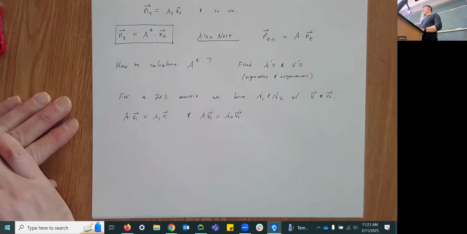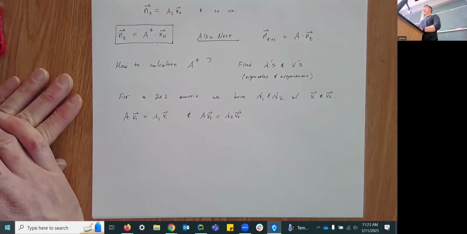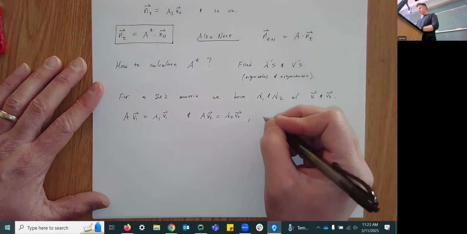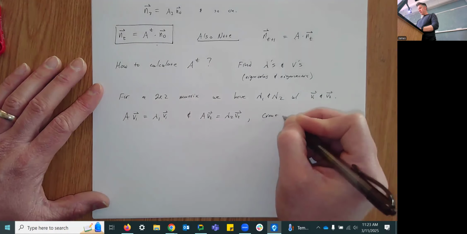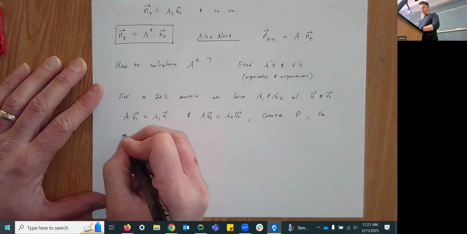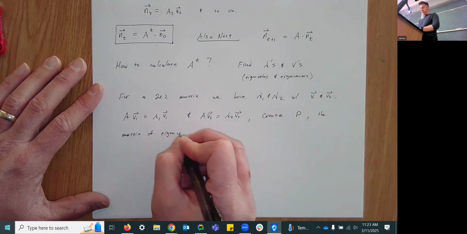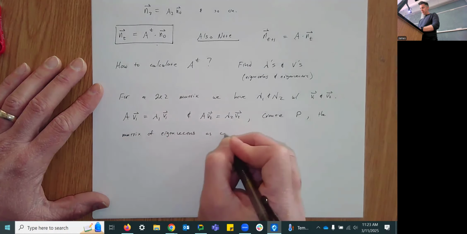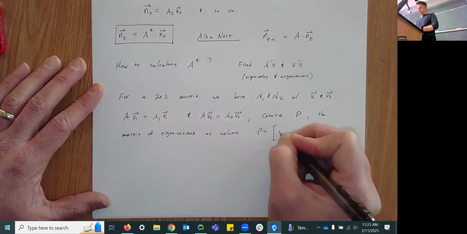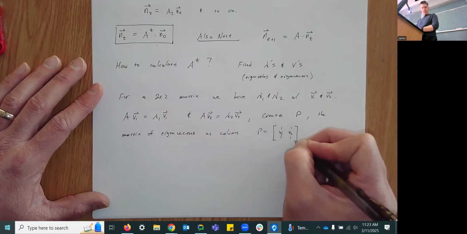So here's what we're going to do. We're going to create P, the matrix of eigenvectors as columns. So P is equal to the first eigenvector in the first column and the second eigenvector in the second column.